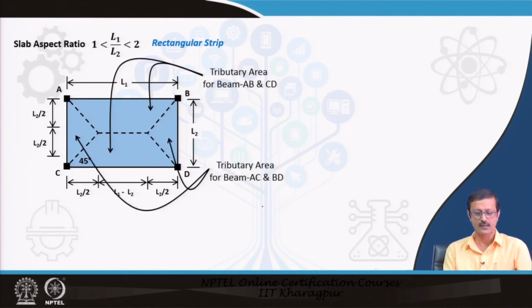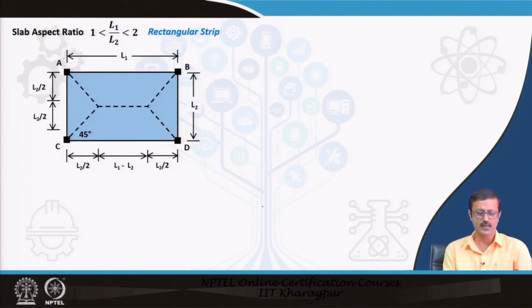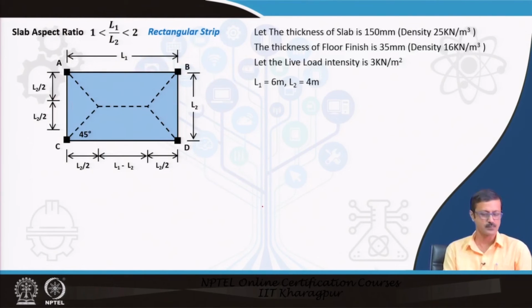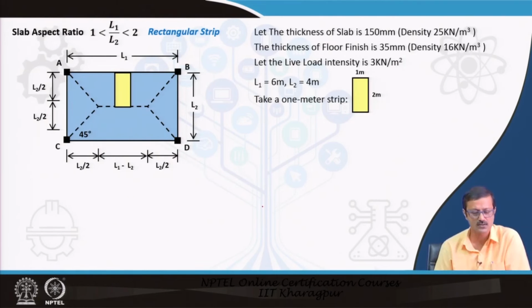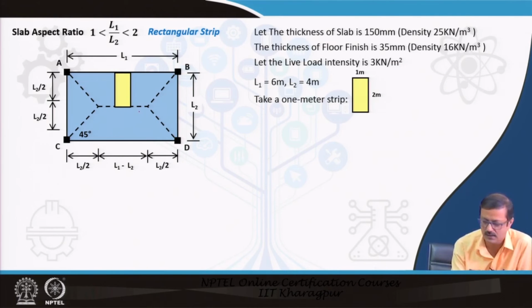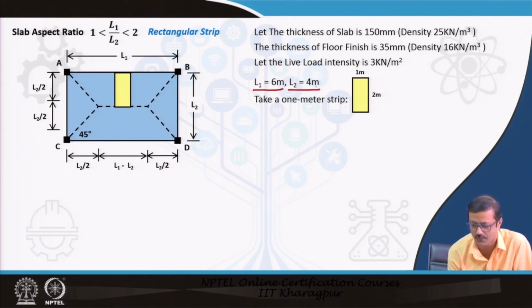So I have drawn it like that, and this is the contribution. To do that, I again take that particular example where now the strip length is going to increase, taking L equal to 6 and L2 equal to 4 meter to have the ratio within 1 to 2.